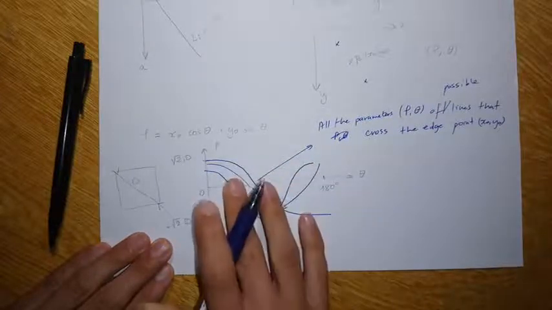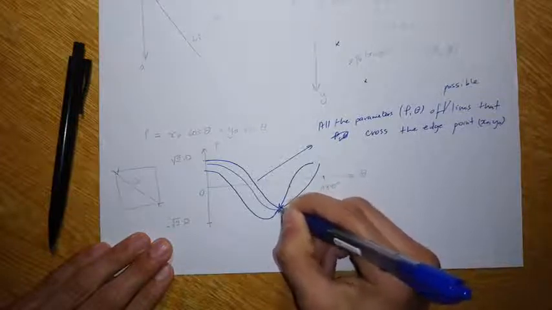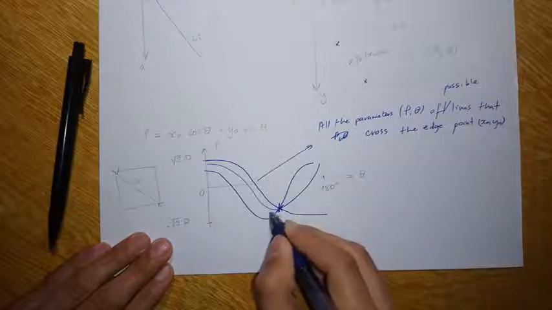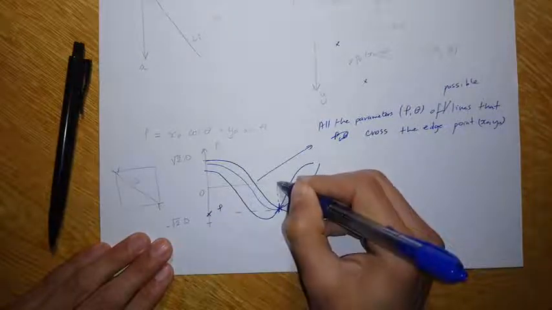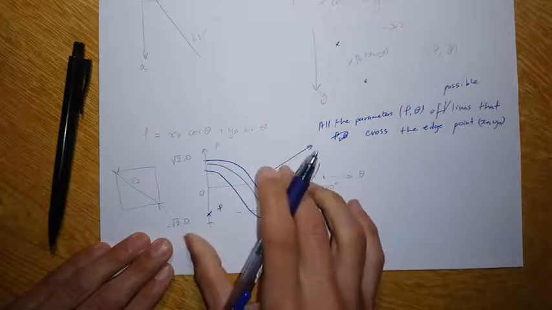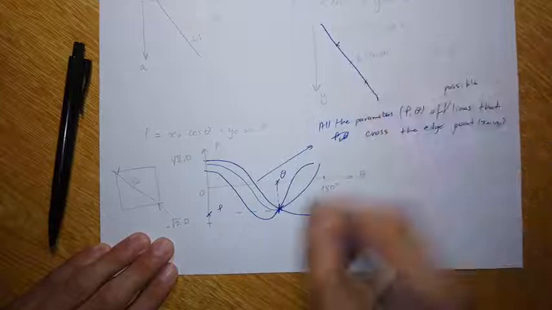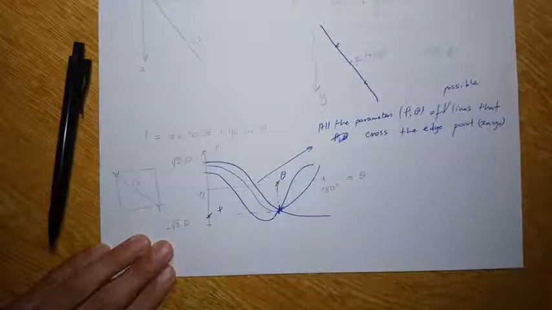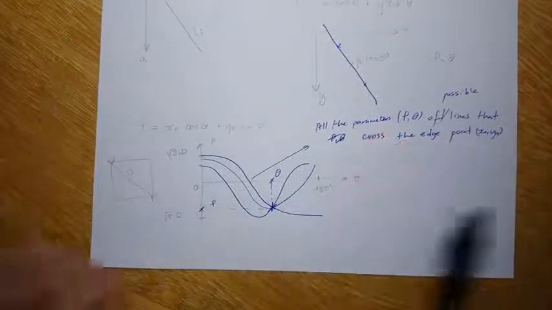So we get sinusoidal functions, and then we get intersections. I can say, for example, that this intersection, this rho and this theta, represent the parameters of the line that crosses these 3 points.